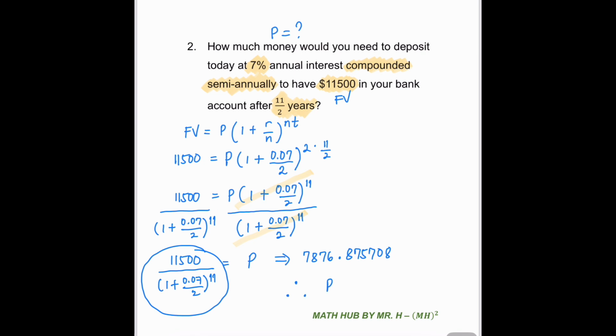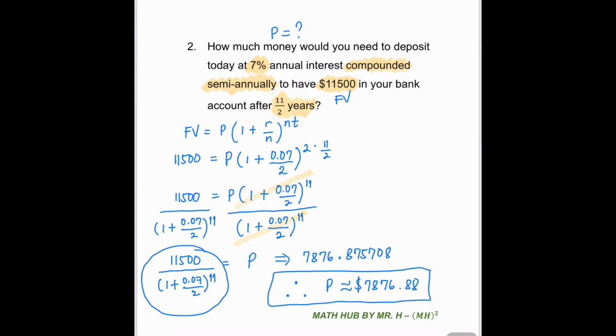So the value of P, or the principal amount, will be approximately equal to $7,876 and 88 cents.